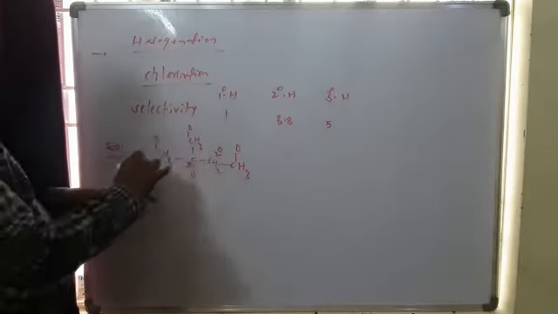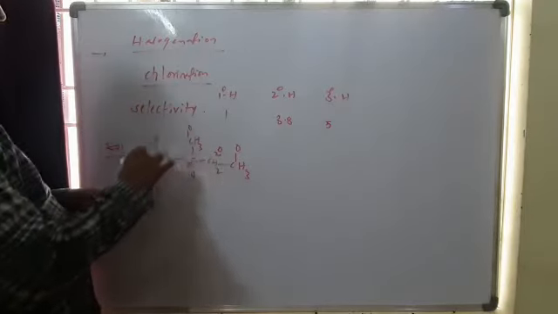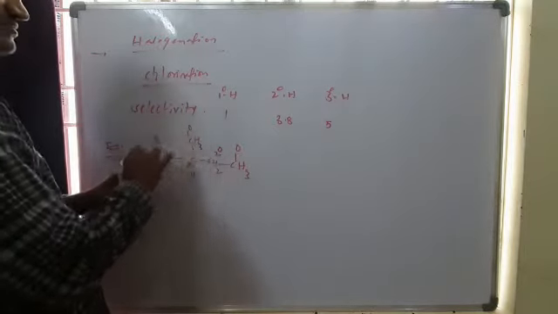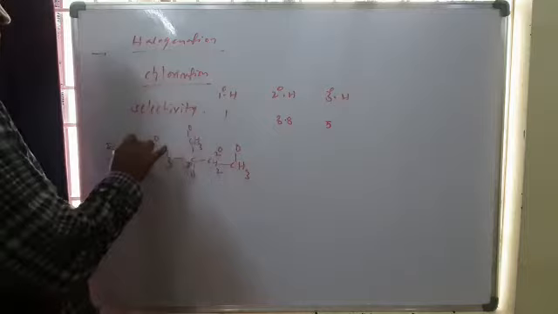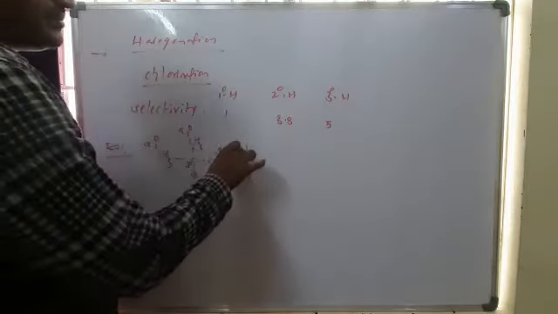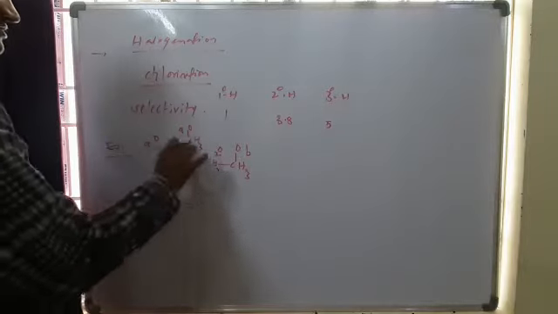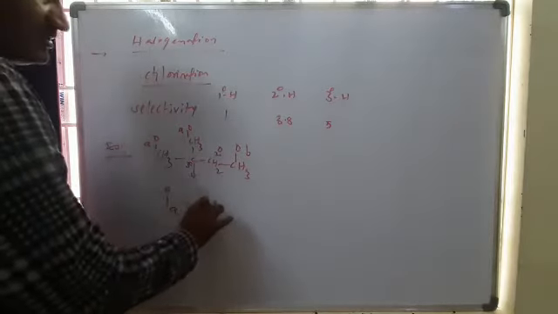These primary hydrogens are attached to tertiary, and this primary is attached to secondary, so these two are different. These are primary A, this is primary B. Primary A has how many hydrogens in total? 3 plus 3, 6 hydrogens.